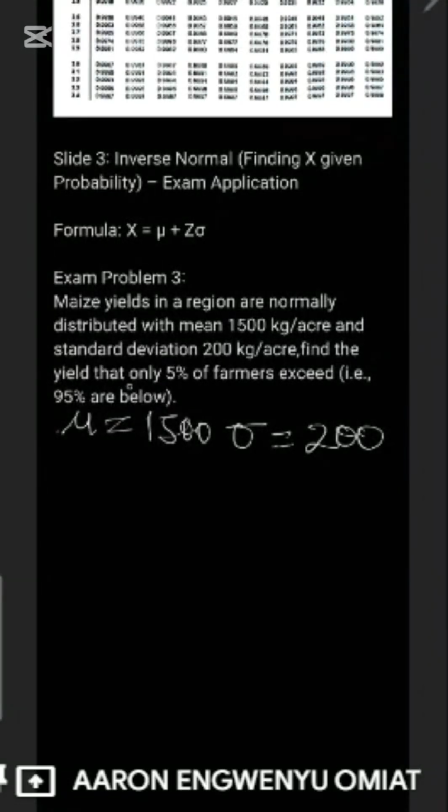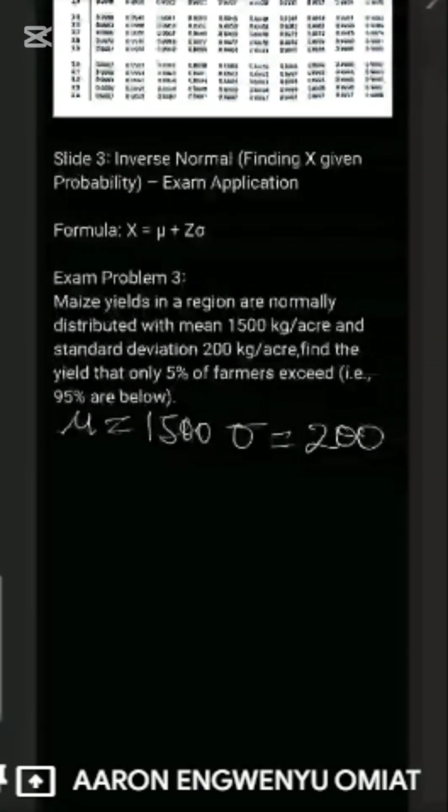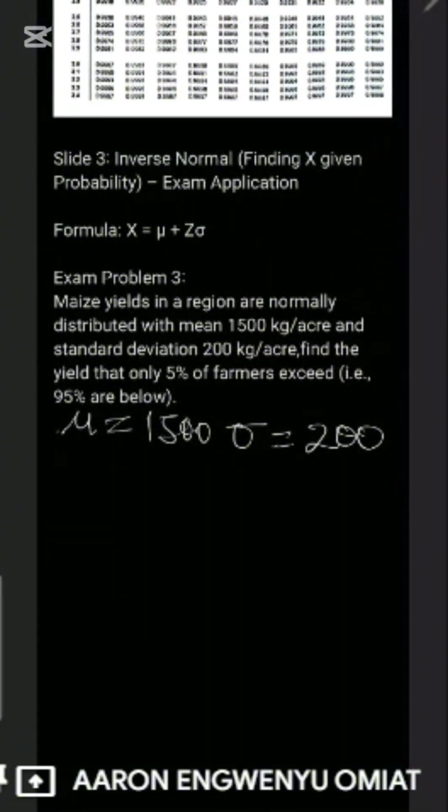Find the yield that only 5% of farmers exceed.